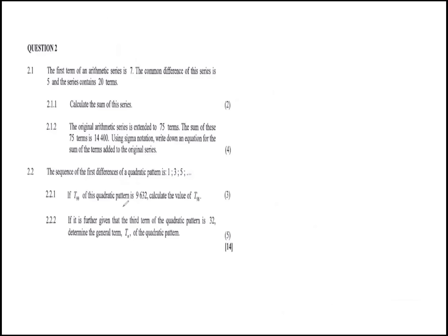Okay, then we have this 5 marks here, 2.2.2. It says it is further given that the third term of the quadratic pattern is 32. So from that first difference, we have 1, 3, and 5. Now we are given that this will be T1, T2, and then T3, so this one is 32.